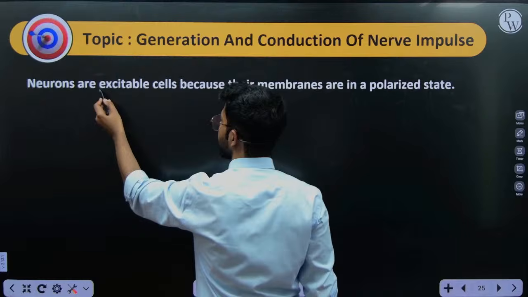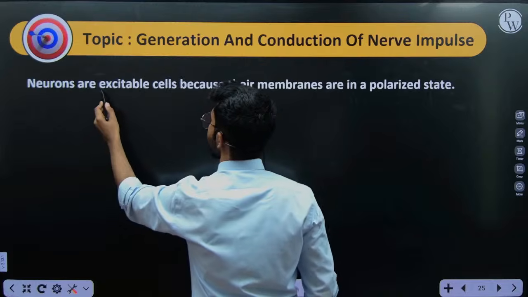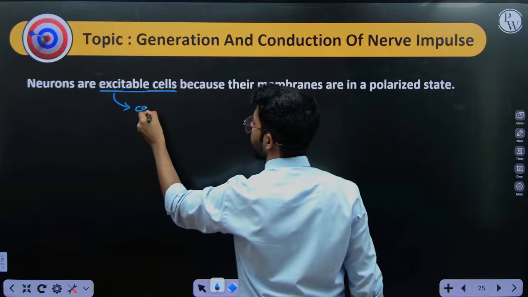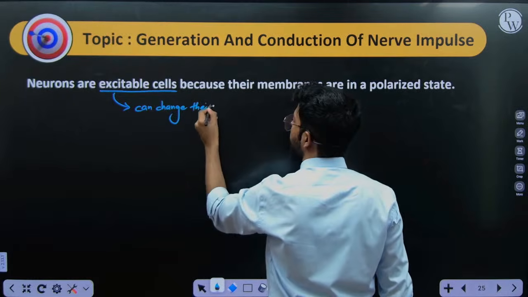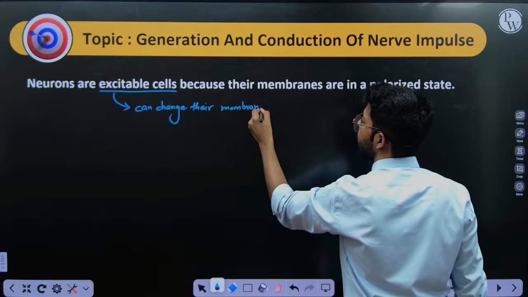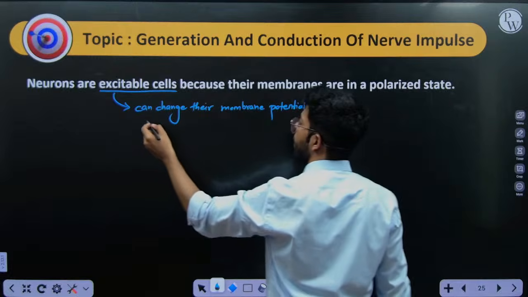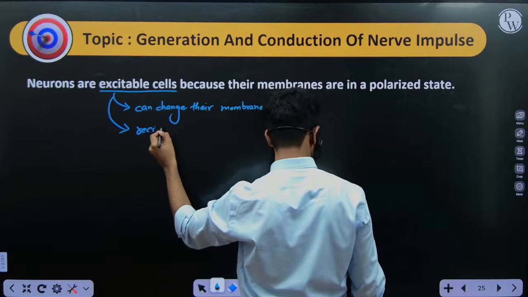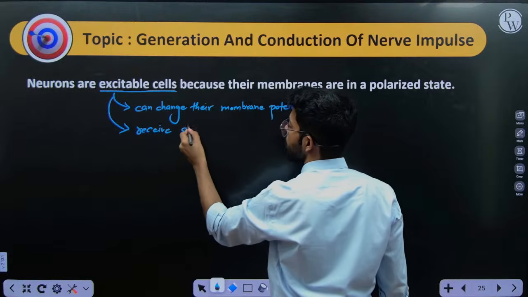So excitable cells, that is, can change their membrane potential, and it can receive stimulus.